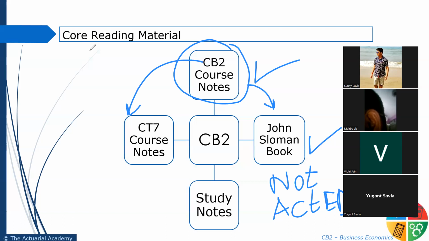So whatever chapters were there previously, you have to refer to them from the CT7 course notes, as is properly mentioned. They are widely and conceptually clear in the CT7 course notes.